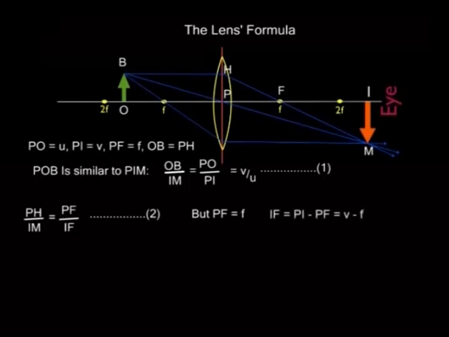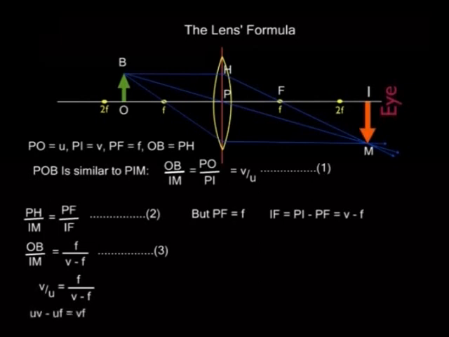IF is equal to PI minus PF, which is equal to V minus F. Substituting these values in equation 2, OB over IM is equal to F over V minus F. Combining equations 1 and 3, U over V is equal to F over V minus F.